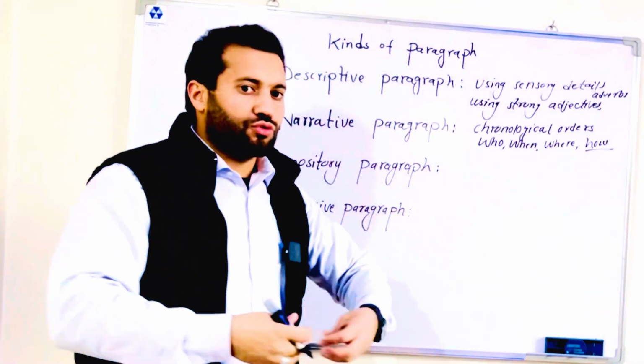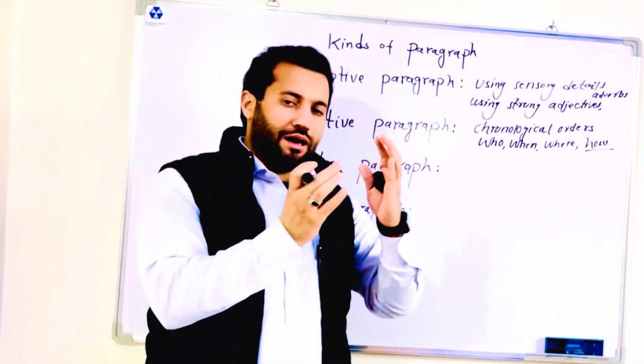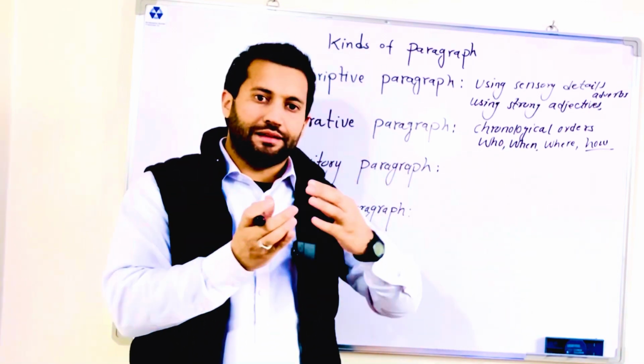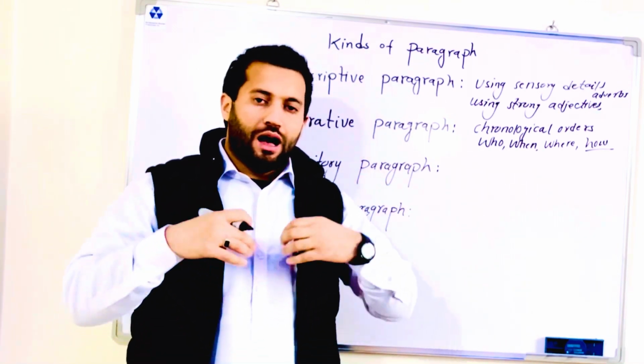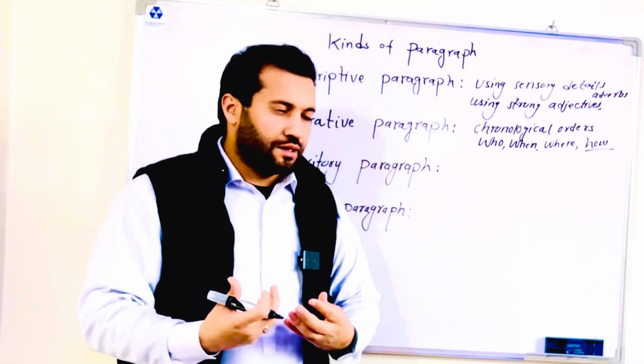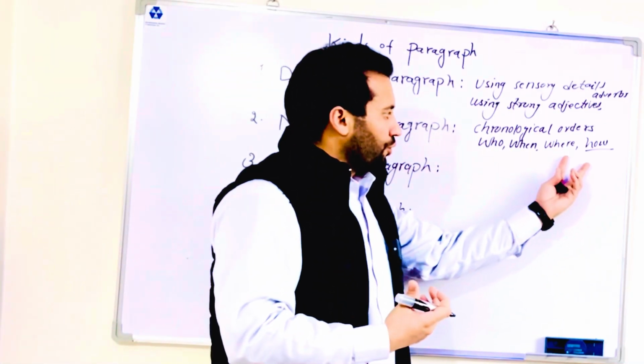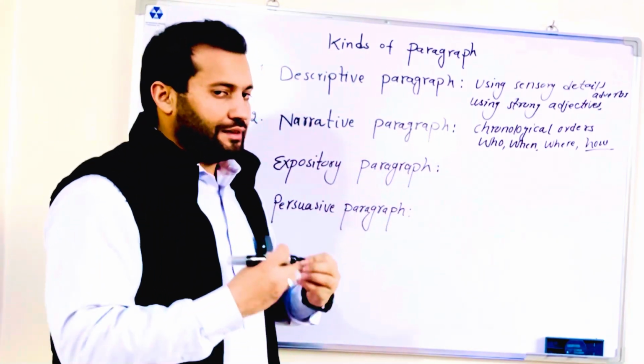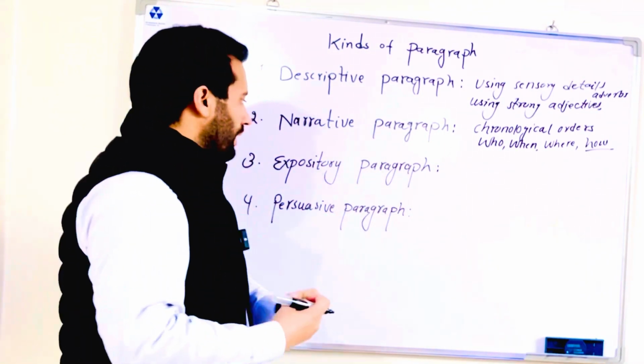Either the story ended happily or it ended in a sad way. We consider these four questions, or these four questions will be answered, while we write a narrative paragraph.